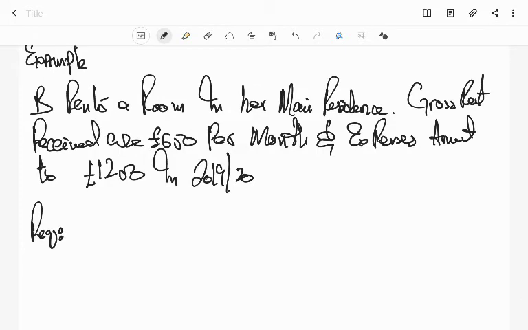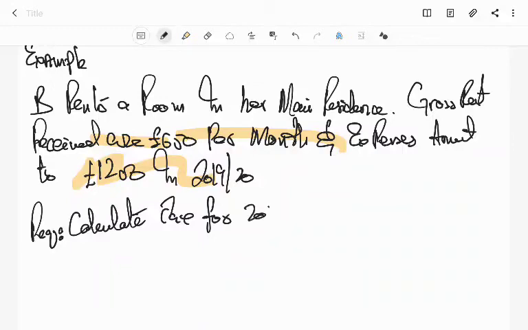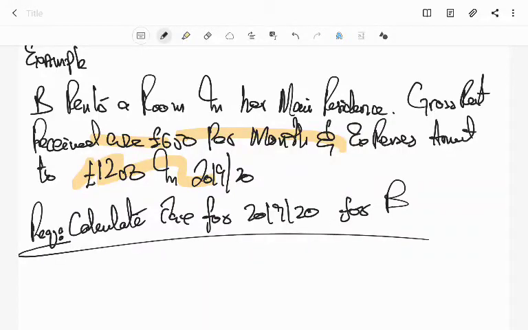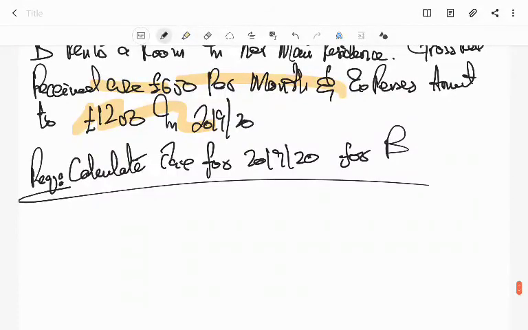Gross rent received is £650 per month, and expenses amount to £1,200 in 2019-20, and the requirement is to calculate tax for 2019-20 for B. Firstly, let us do the ordinary calculation.